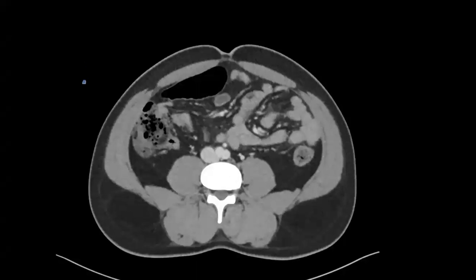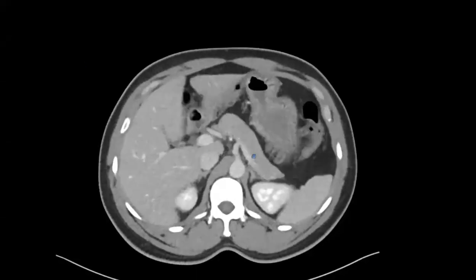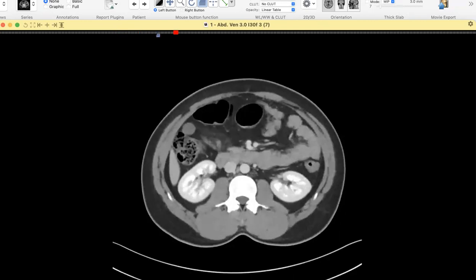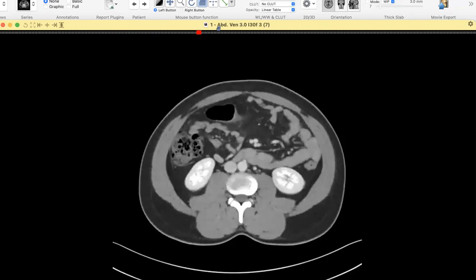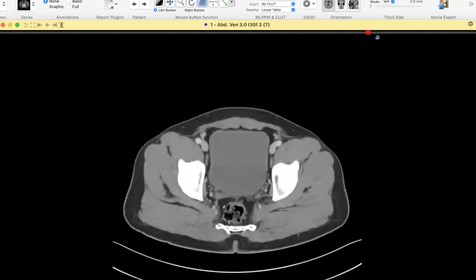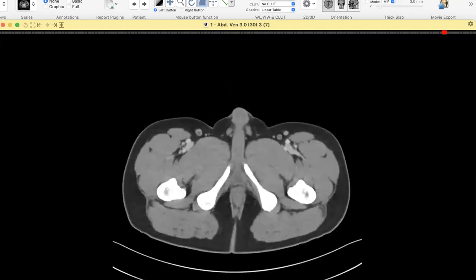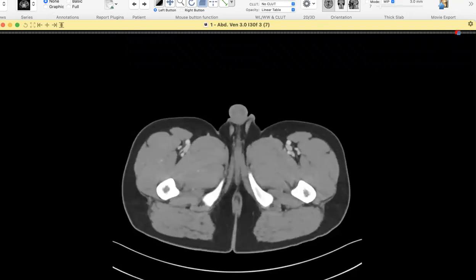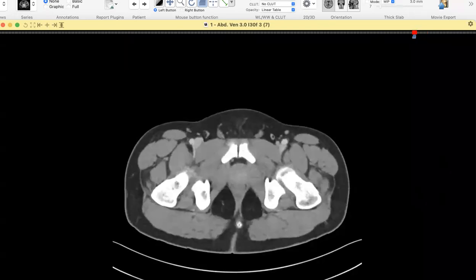Okay, just 1 second. You can try dragging it from here, just dragging this on the bar on the top. It is also still jumping. It is so rapid. Sorry.